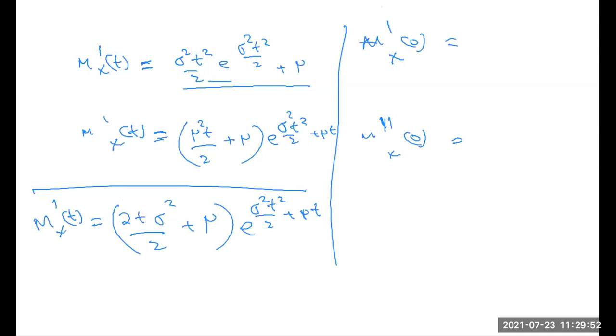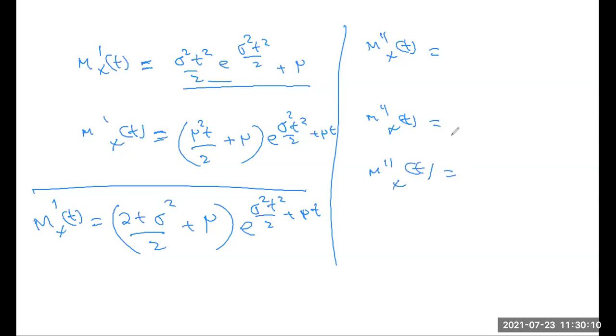So we can also look at the second derivative. Somebody else to give us the second derivative. What did you get? We can get three results from three different groups.